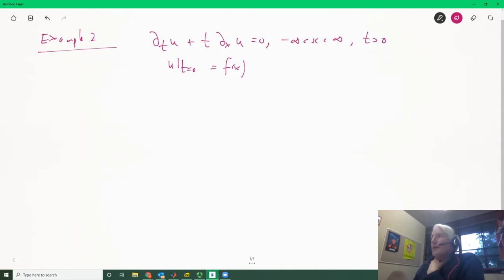So then we go, okay, u is, on this curve, u is a constant. This is called the characteristic, isn't it? u is a constant.